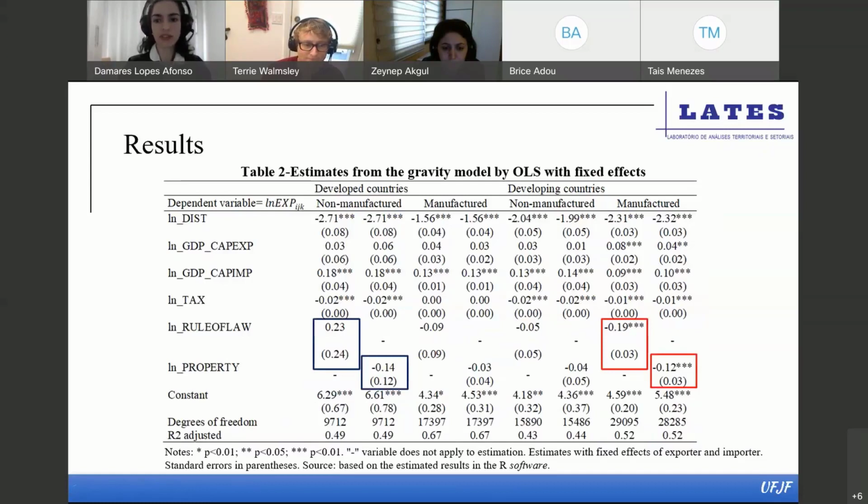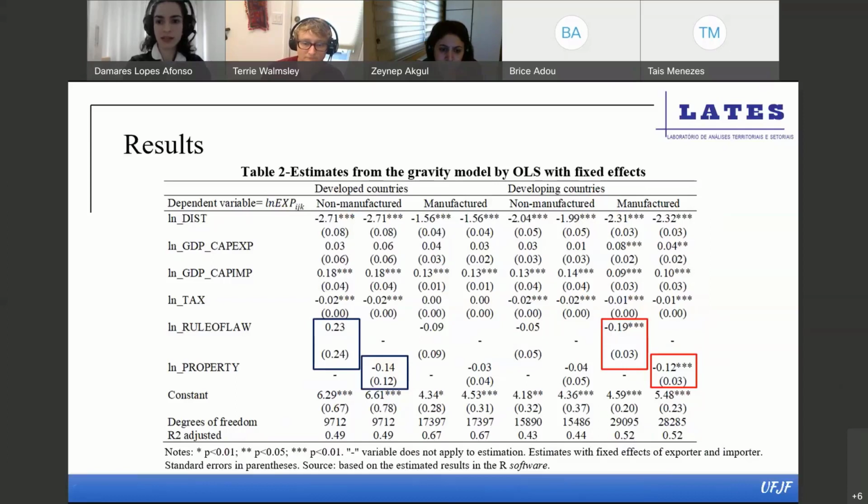In other words, the low institutional efficiency of developing countries negatively affects their manufactured exports. On the other hand, for developed countries, the institutional efficiency indicator had no statistically significant impact. Almost all variables of the gravity model got expected and significant values.